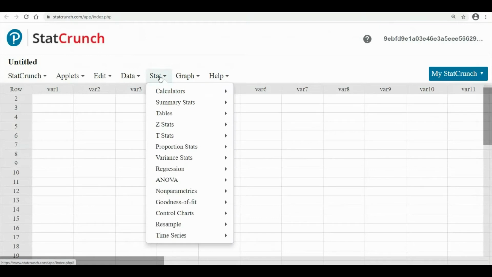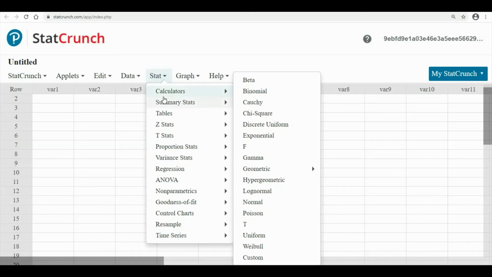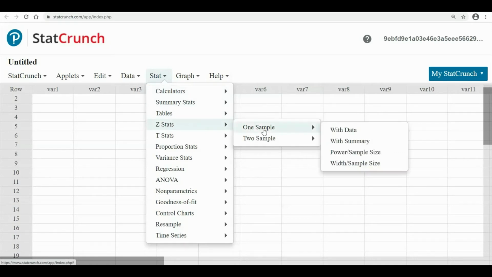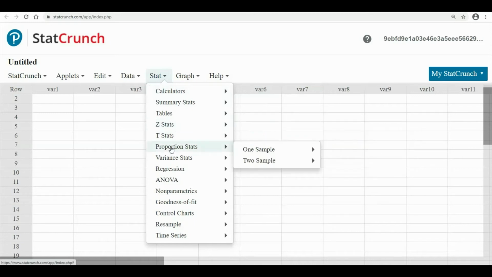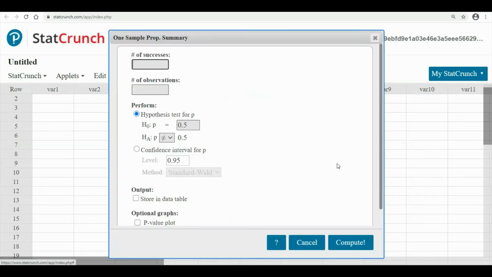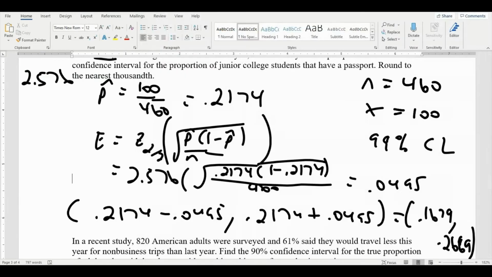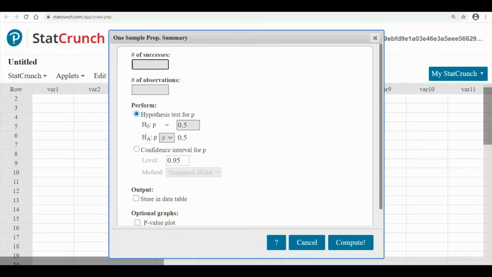See what we can find. Stat, and then let's see, which one is it? If you can't find it, you just start looking for things and see if you can find maybe one sample z, because this is a z. Or I see the word proportion now. That's a better thing to use. One sample with summary. The number of successes is the x, which is 100.